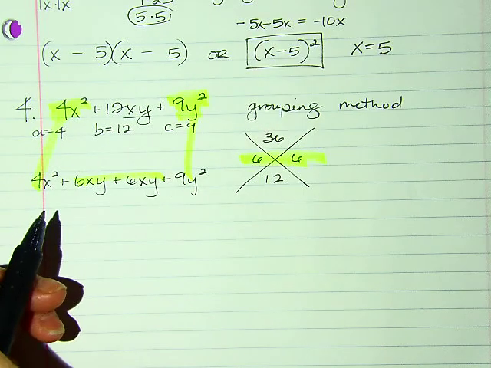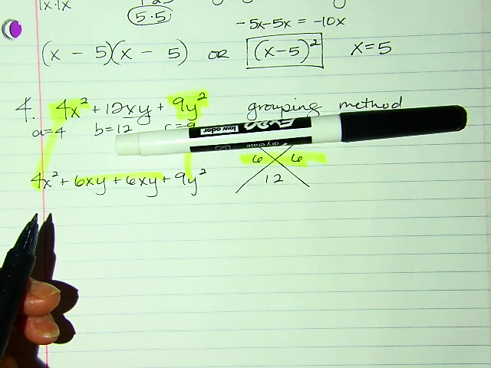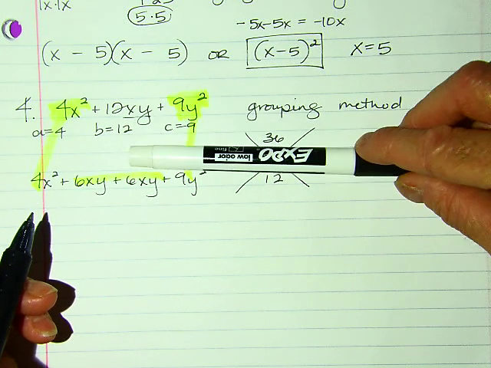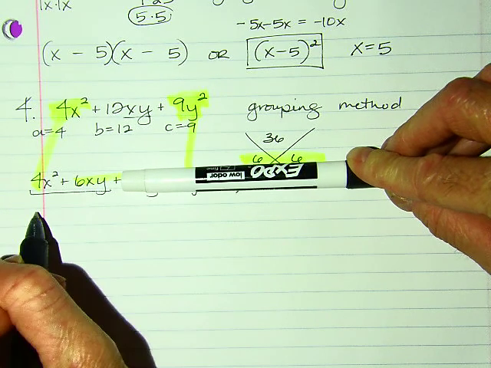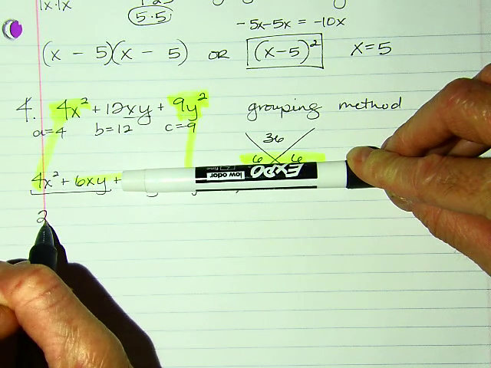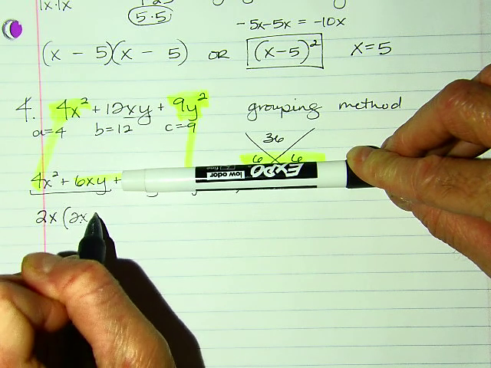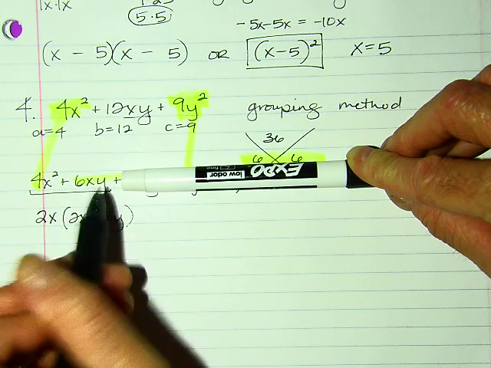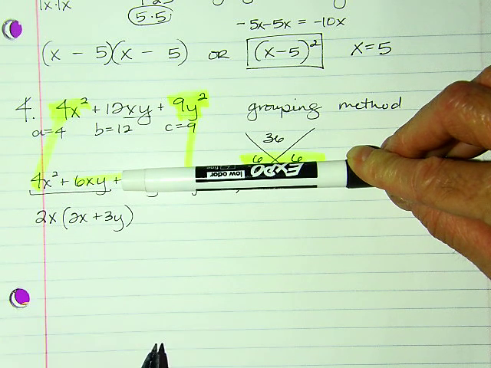So grouping, I'm going to group 2 at a time. So here we go. These two have a 2 in common and an x. So that would leave me with 2x plus 3y, right? Because the x's would cancel, but 6 divided by 2 is 3, and I would need the y.